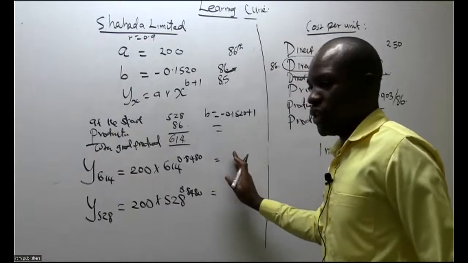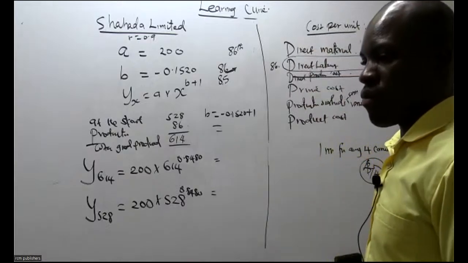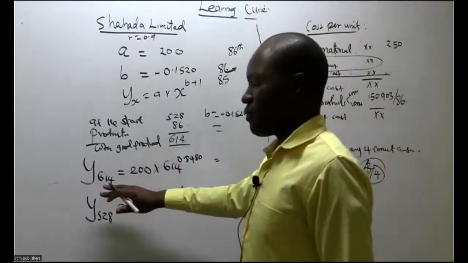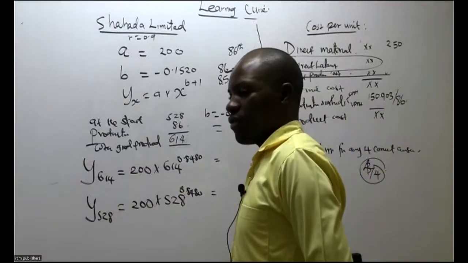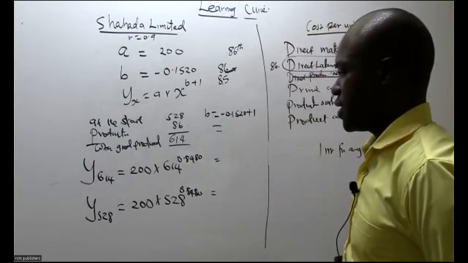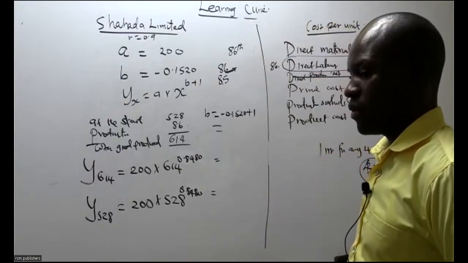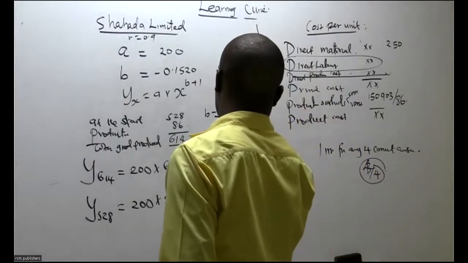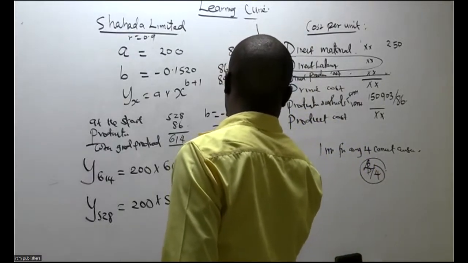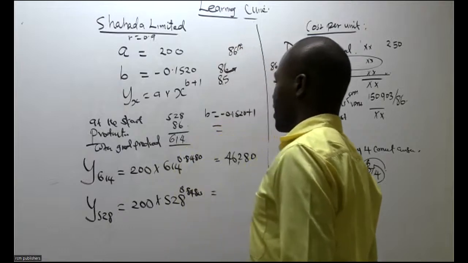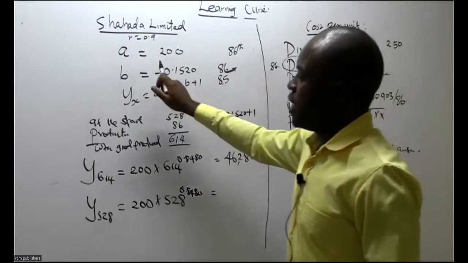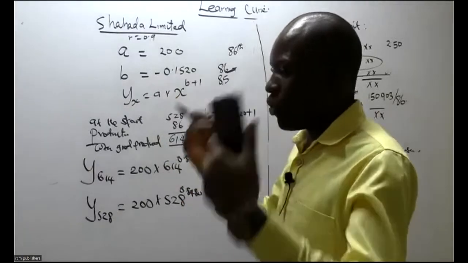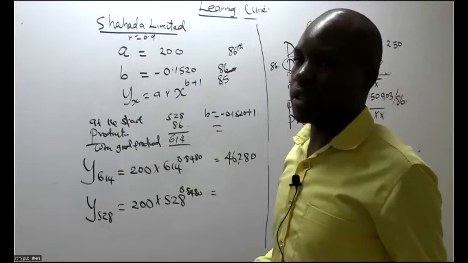Give me the totals here. For the first 614, how much do we have? 46,280. And I want us to be very keen. In the other question we just did up there, we were given the labor cost per unit.